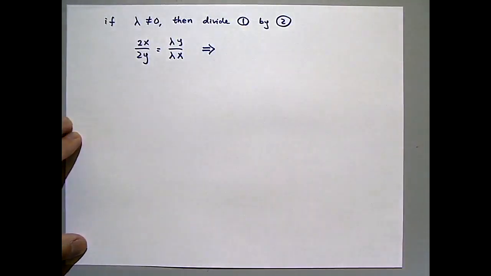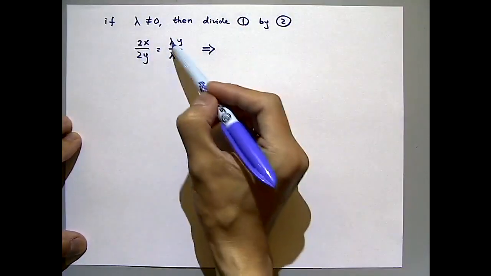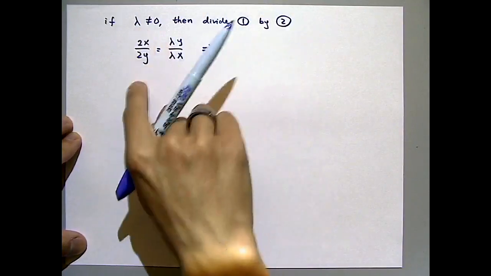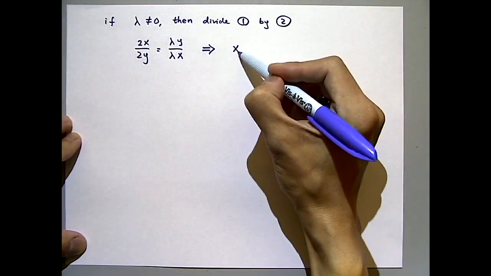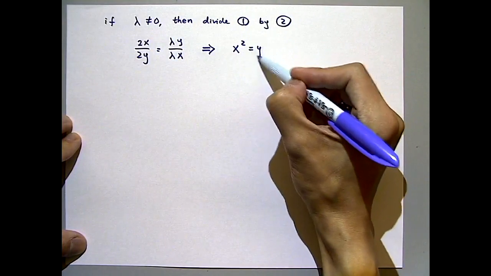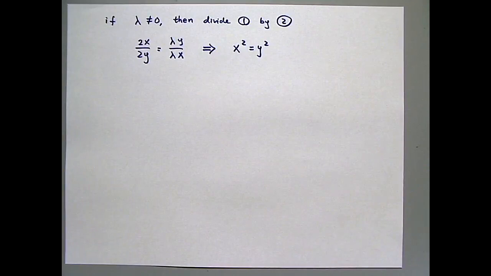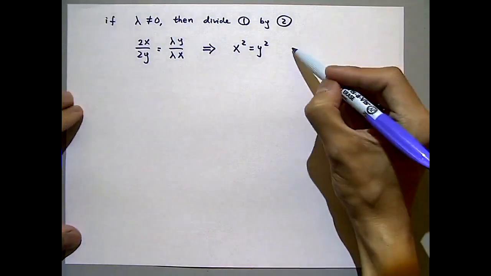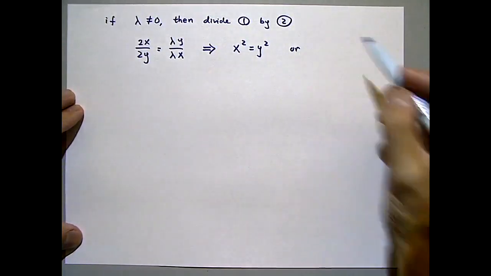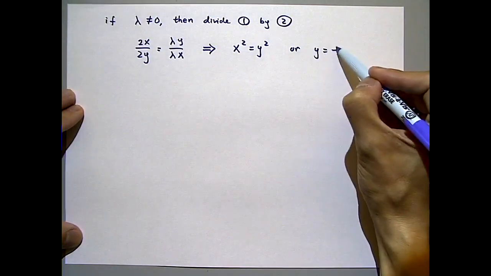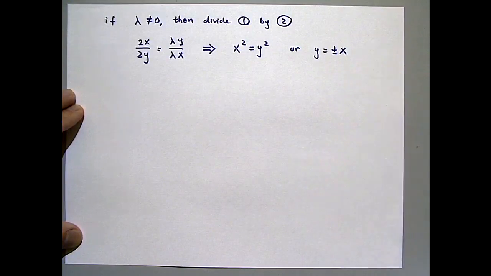And so I can cancel the 2's, I can cancel the lambdas, and then I can cross multiply. So this tells me that x squared is equal to y squared. See that? Okay, good. Or we can also say that y is equal to plus or minus x.